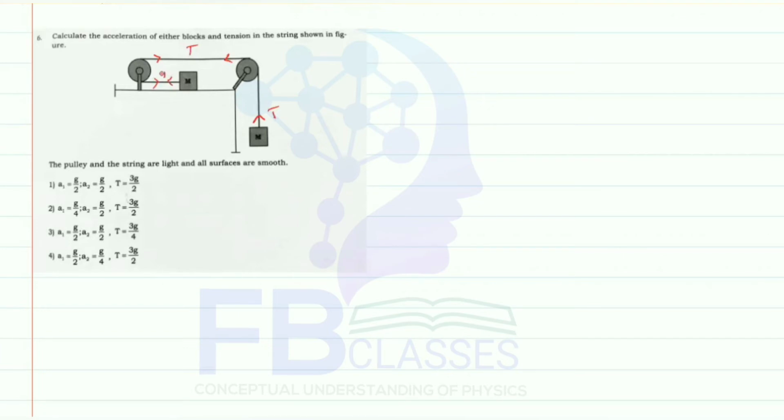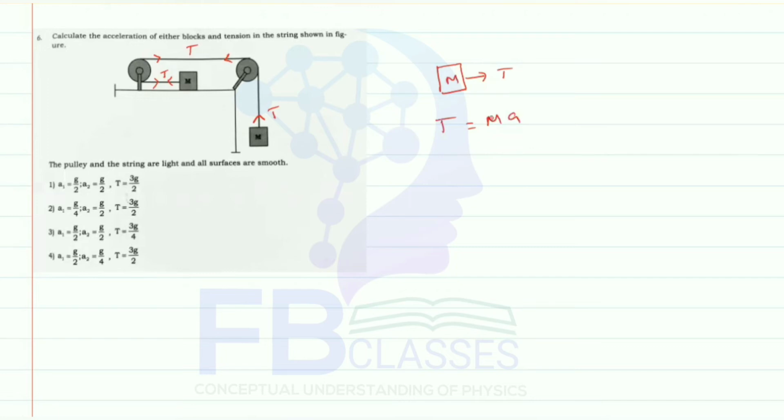Okay. So see here, now I am going to draw the free body diagram of both the blocks. First I will take the first block. On this side is T and the mass is capital M. Now the equation comes as T is equal to ma, F is equal to ma.